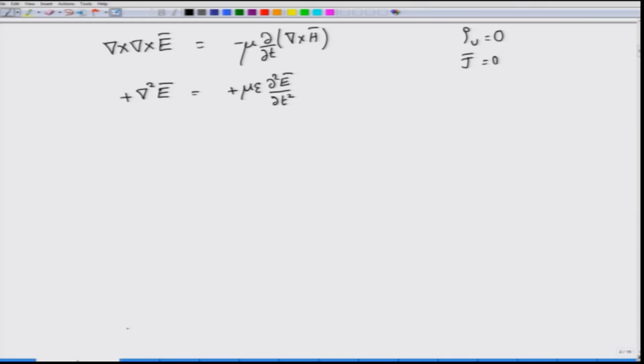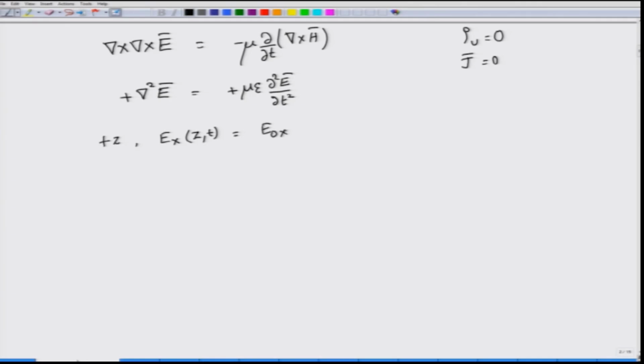Okay. Now, one solution for this is to assume that waves are propagating along z direction. Okay. If the waves are propagating along z direction and we take only that Ex component is 0, then the solution for this one will be a wave whose electric field is a function of only z and time, and this electric field is given by some E0 which is the constant.